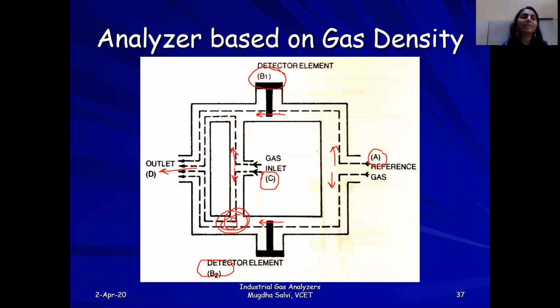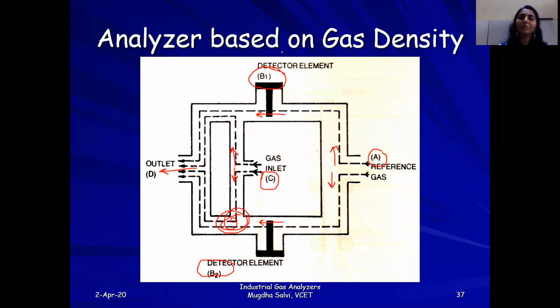These two are elements in a Wheatstone bridge which will be imbalanced, and the signal of the Wheatstone bridge will be directly proportional to the amount of sample gas entering the cell.